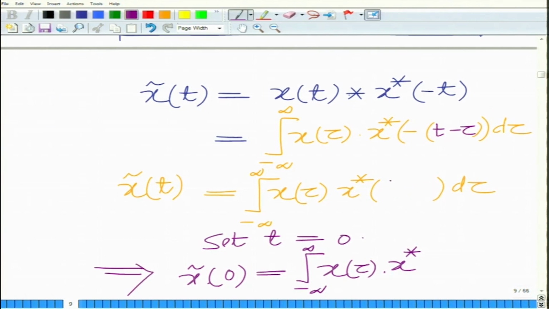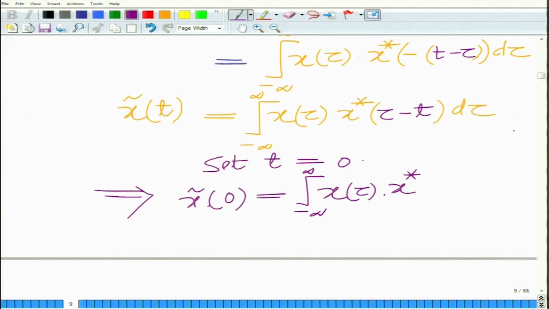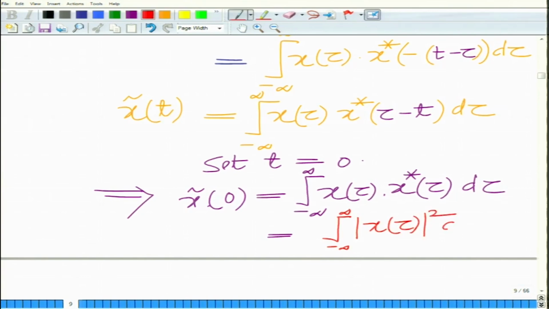So, this will be τ minus t, and you set t equal to 0. So, this is x of τ into x conjugate of τ dτ, which is integral from minus infinity to infinity magnitude x of τ squared dτ, which is nothing but the energy of the signal.